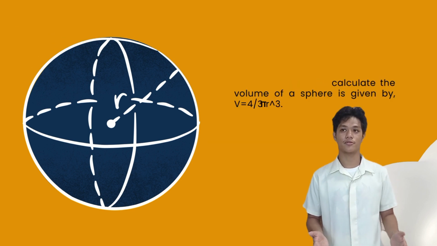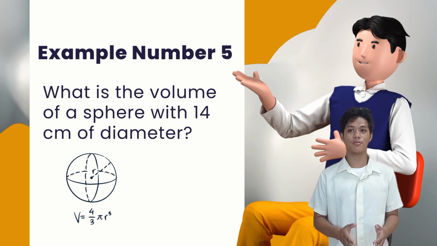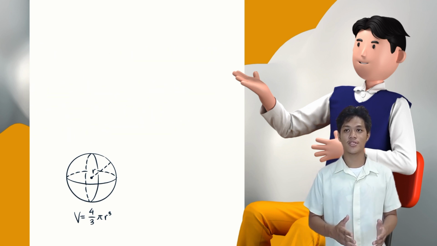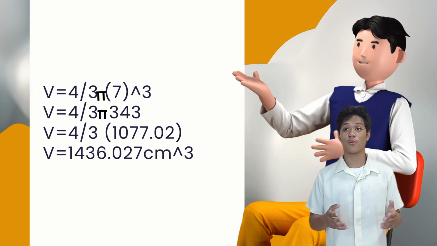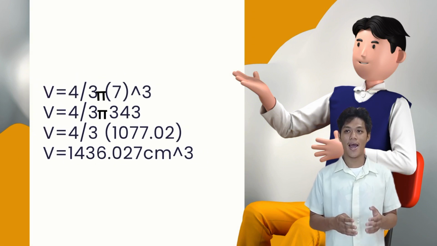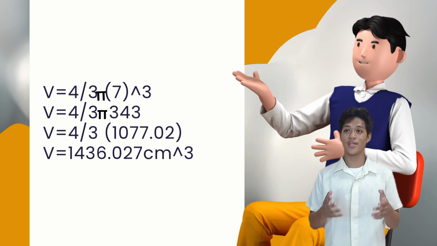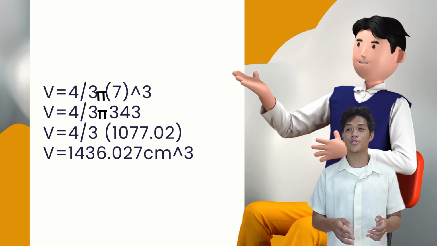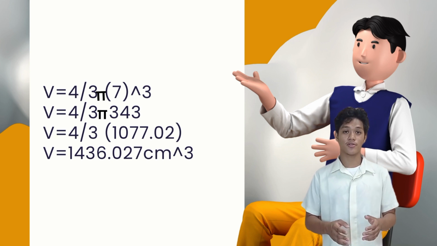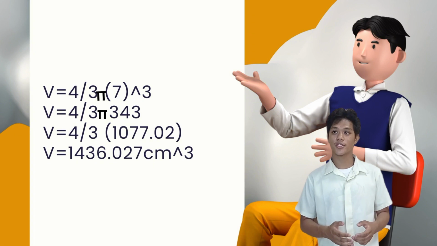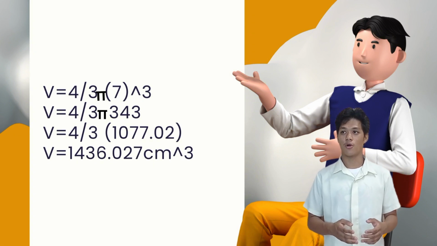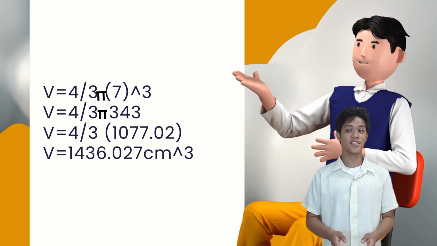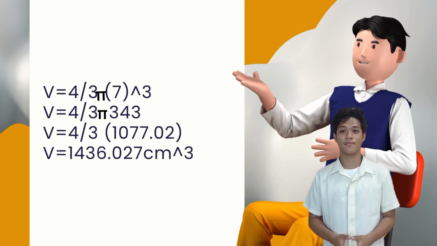Let's take this example. What is the volume of a sphere with 14 centimeters of diameter? We know that volume equals 4 over 3 pi times radius raised to 3. For the given diameter of 14 centimeters, we know that 1/2 of the diameter is equal to the radius. So 1/2 of 14 centimeters is equal to 7 centimeters. Our radius now is 7 centimeters.